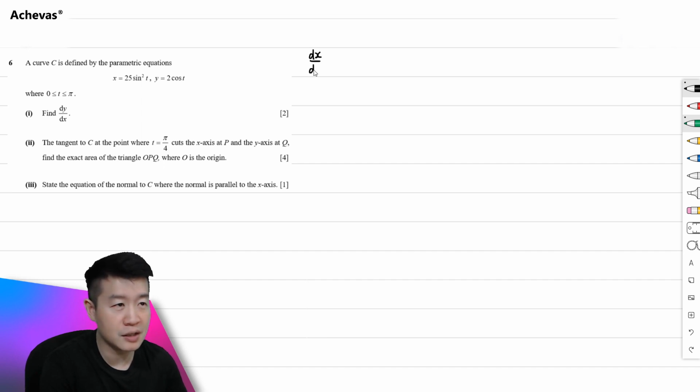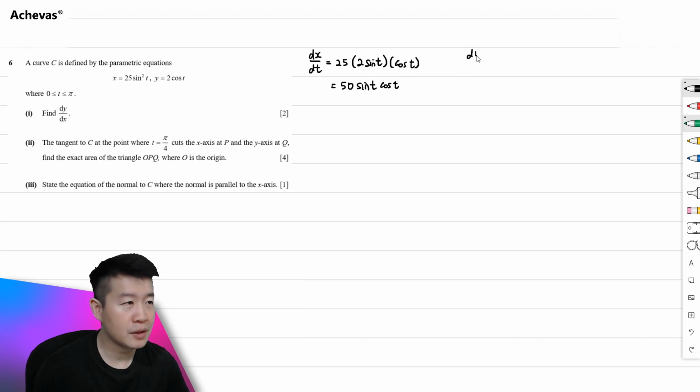So dx dt is going to be 25 of 2 sine t to the power of 1, then cosine t. So this is equal to 50 sine t cosine t. dy dt is simple. This is minus 2 sine t.